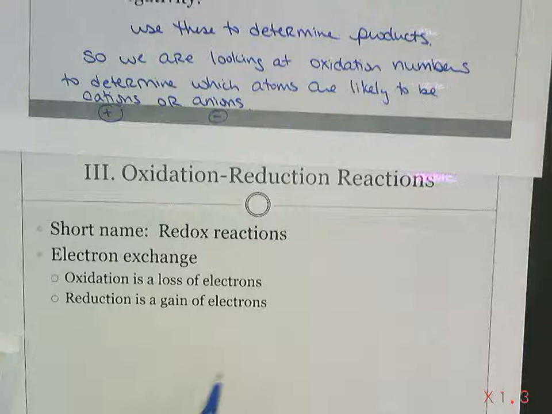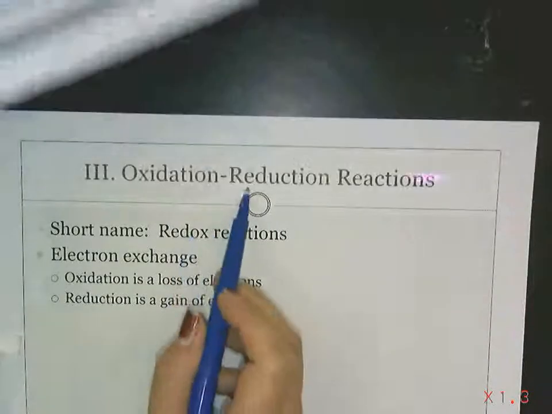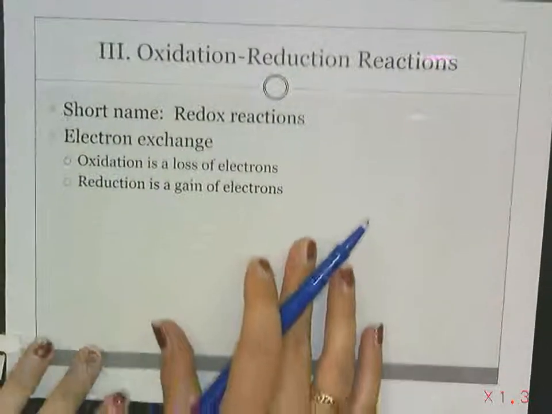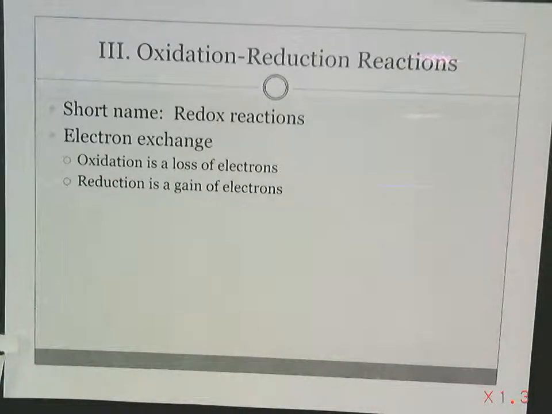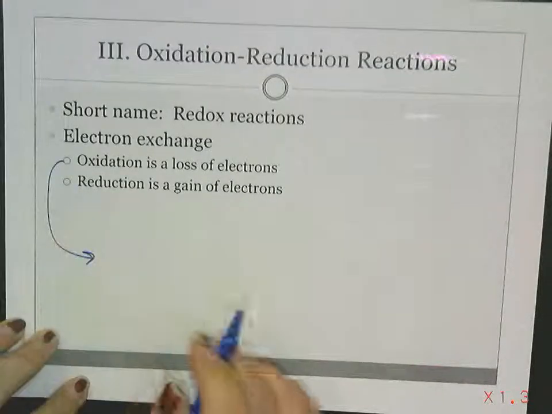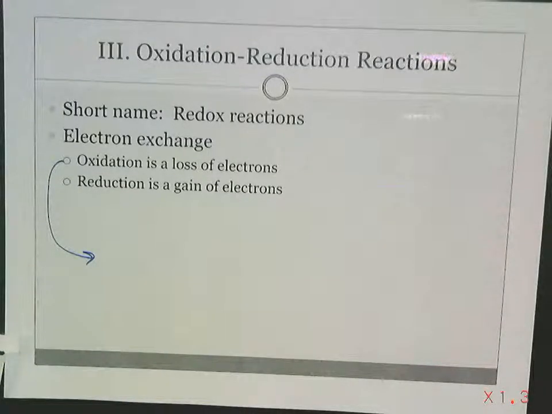So oxidation reduction refers to the fact that oxidation is the loss of an electron. If I have lost an electron, what is my charge going to be? If I was 0 and I gave away a minus, I'm now plus.